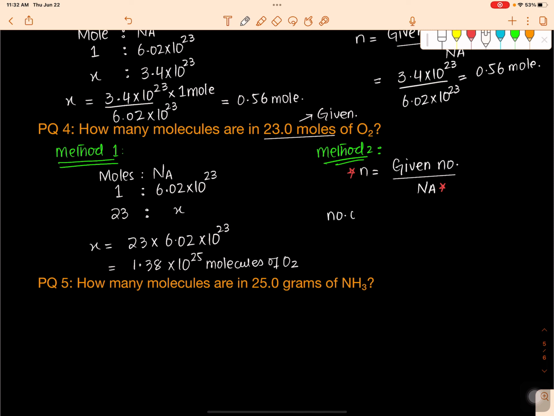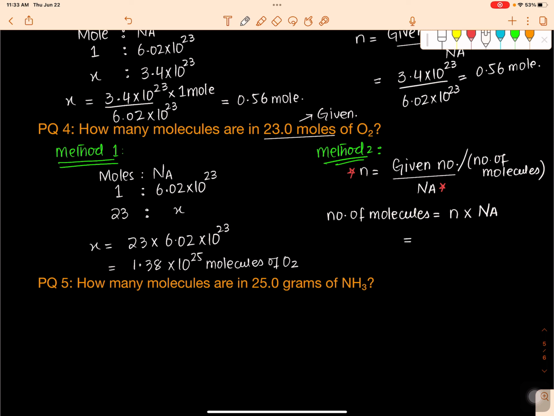So the number of molecules equals the number of moles times the Avogadro's number. You see, this becomes a multiplicative factor.